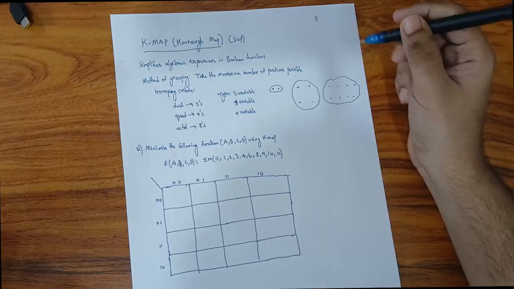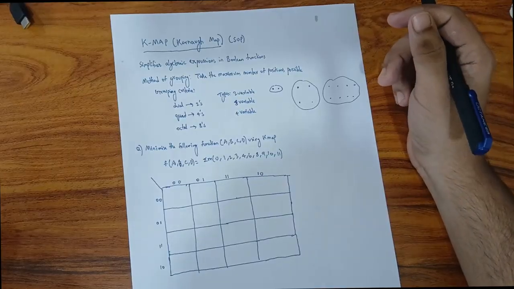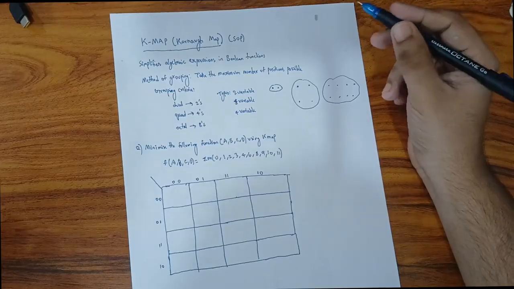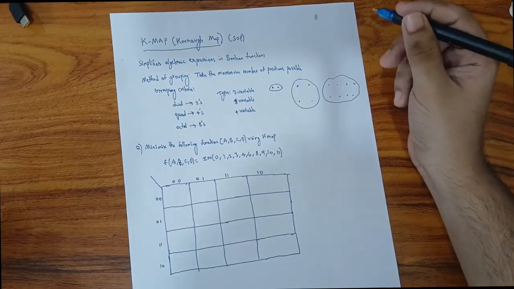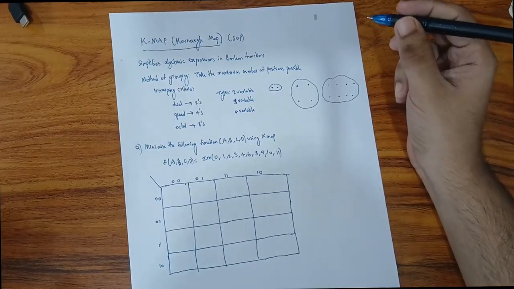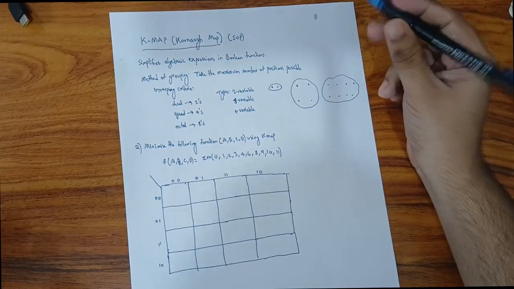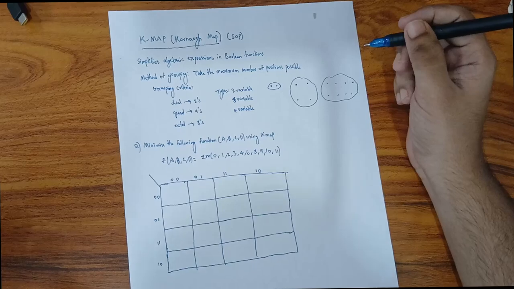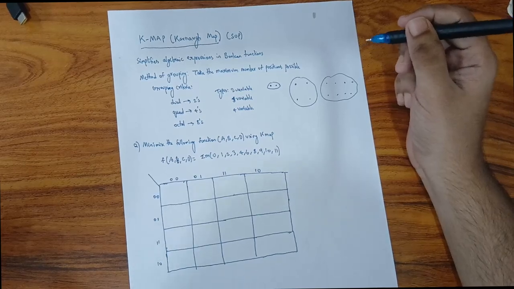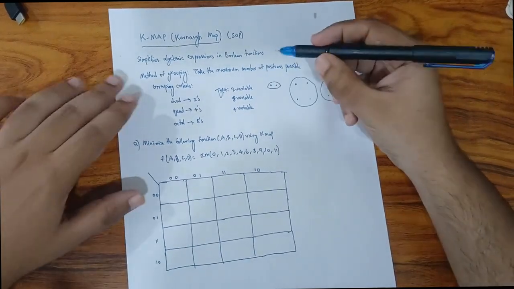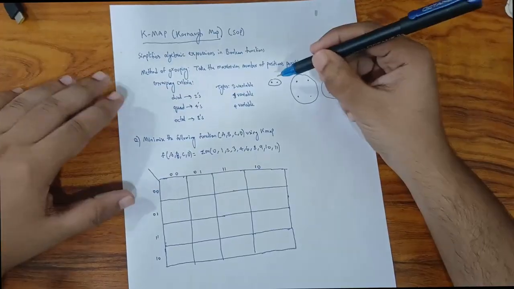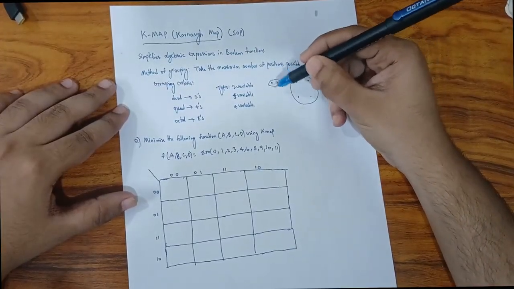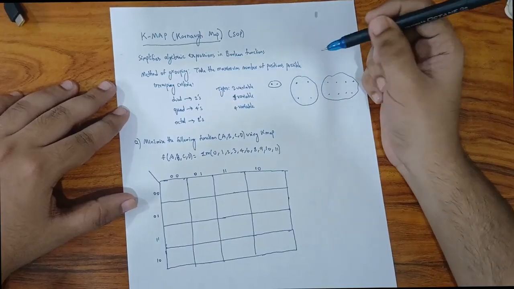So let's get started. We use Karnaugh maps for simplifying the Boolean equations that we get in the questions. In this Karnaugh map, we form groups with the given minterms, which is exactly what we'll be doing now. For the grouping, we have a certain set of criteria. We consider duals, or in simple terms, we round off two ones or zeros which are next to each other.